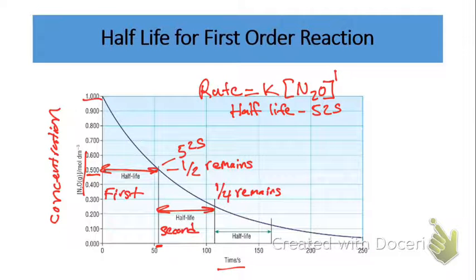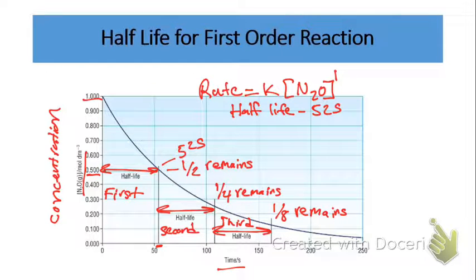And then after another 52 seconds, we hit the third half-life, and 1/8 of our reactant concentration should remain at that point. So every 52 seconds, we're going to cut our concentration in half, diminishing the amount of reactant concentration by half every time.